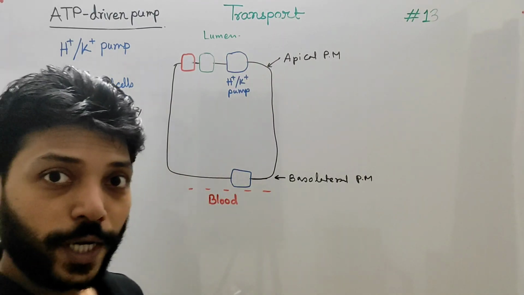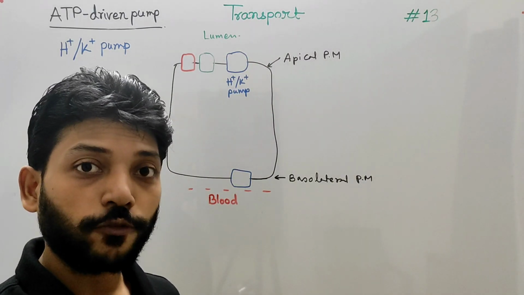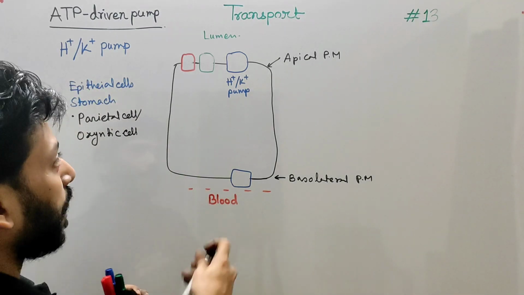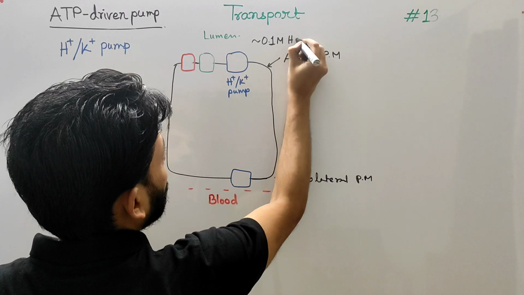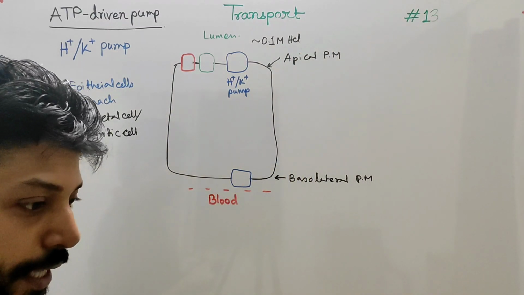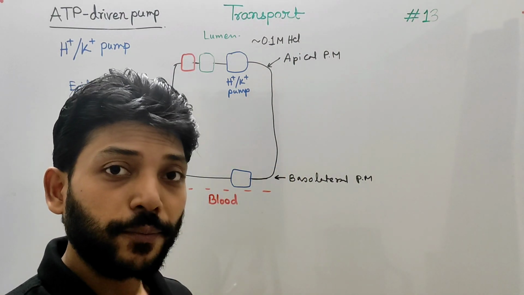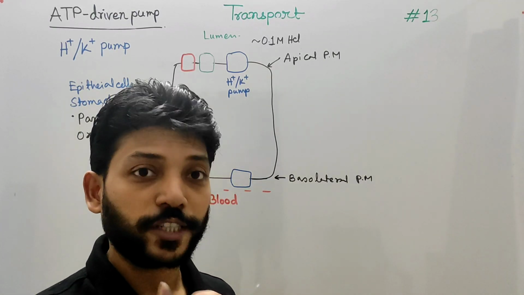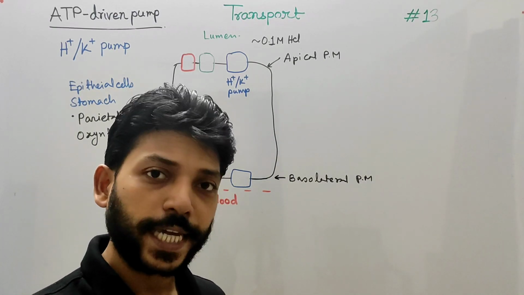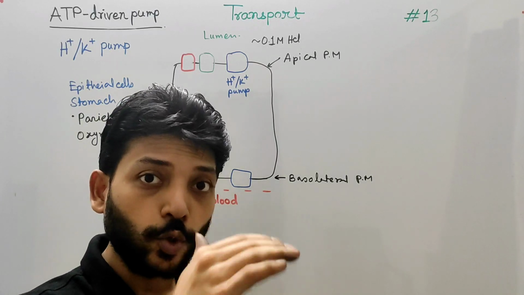Now in the stomach lumen, the concentration of hydrochloric acid is about 0.1 molar HCl. This strong acidic medium can kill pathogens and can denature proteins for digestion, because proteolytic enzymes like pepsins work at low pH.